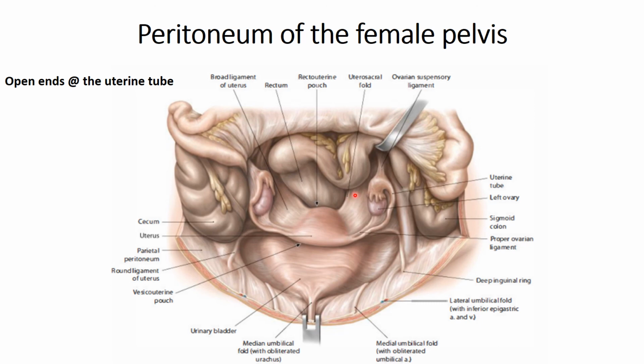Now these two pouches, which are the pararectal pouch and paravesical pouch, are limited by the uterosacral ligament and round ligament respectively in case of female.